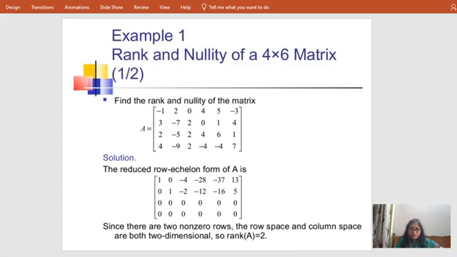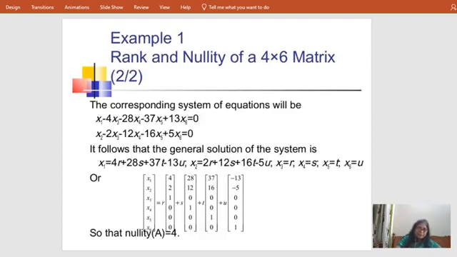With that only we can conclude the rank of A. Now, to find the nullity. Nullity of the matrix is nothing but the dimension of the solution set of the matrix.